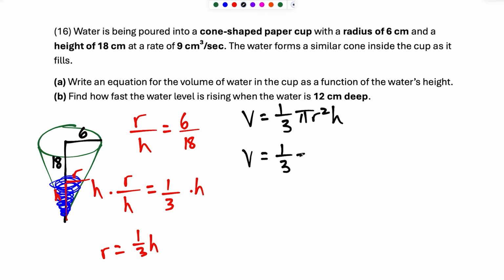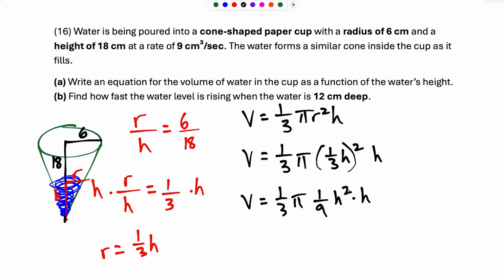We have 1/3 pi times r, which is 1/3 h, and it's being squared, and then times h at the end. So we have 1/3 times pi, and then 1/3 times 1/3 is 1/9, and we get h squared times h. So our equation is 1/3 times 1/9 is 1/27 pi, and then h squared times h is h to the third.